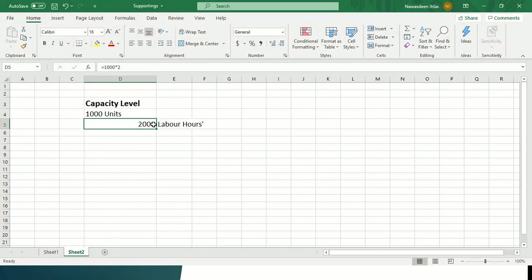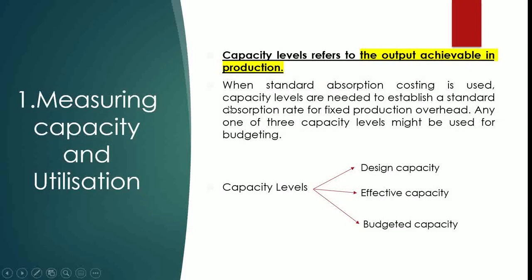So that is our capacity level, right? Now you can understand the meaning of capacity levels. That is the output achievable in production. It can be number of units, available labor hours, or our maximum available machine hours, whatever.